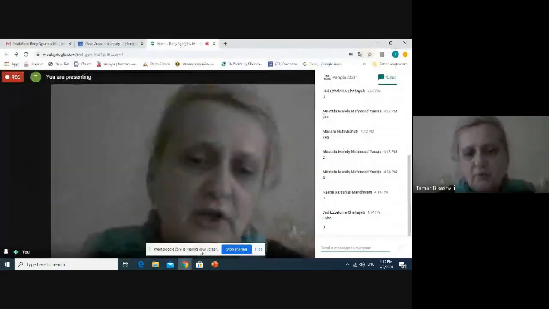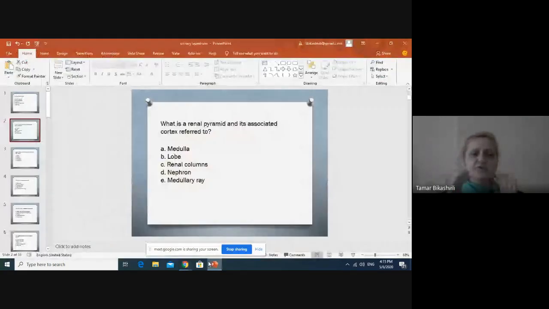The renal lobe, of course, this is the renal lobe. Yes, renal lobe. Renal columns, medullary rays, projections from medulla into the cortex, renal columns from cortex into the medulla.